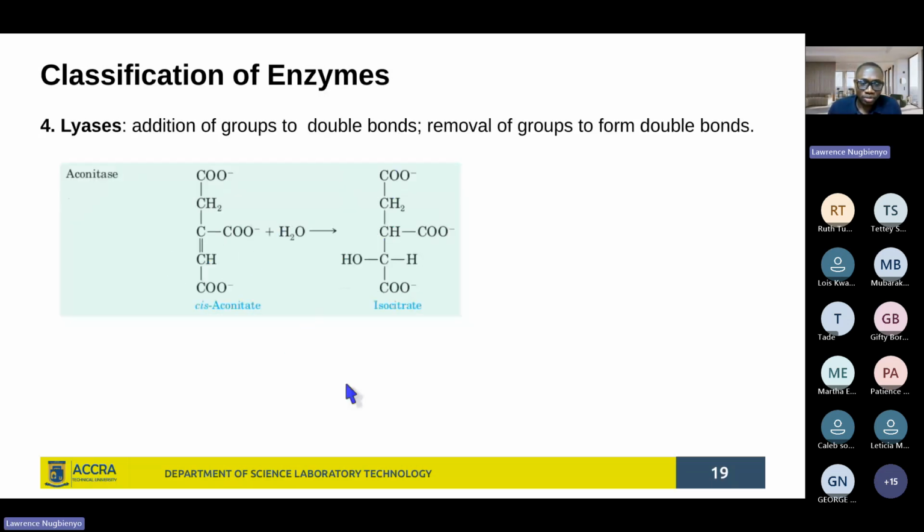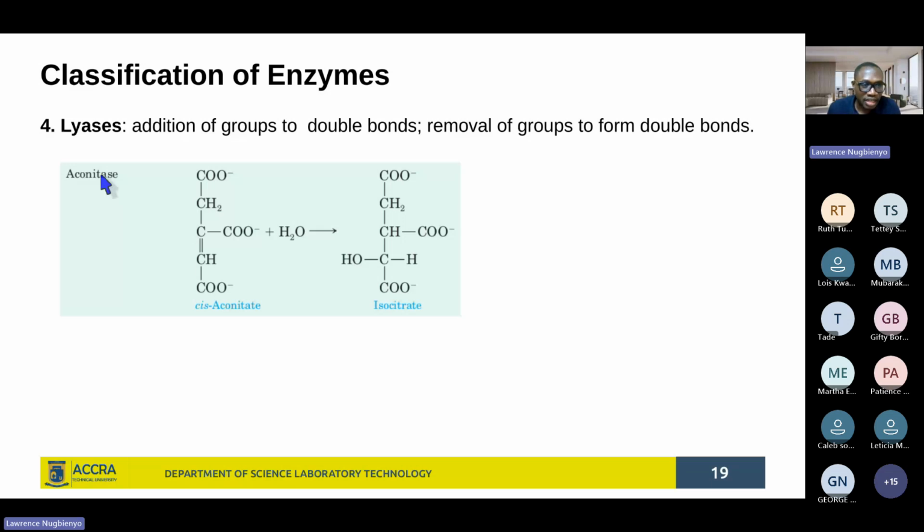Right. The fourth are lyases. Lyases catalyze reactions that either remove groups from a molecule to form double bonds in the molecule, or add groups to remove double bonds from the molecule. Both ways.